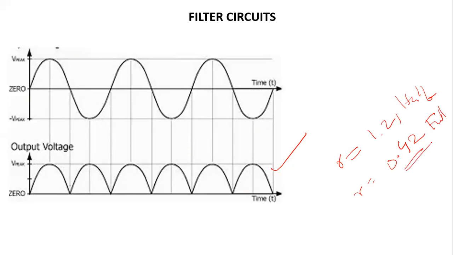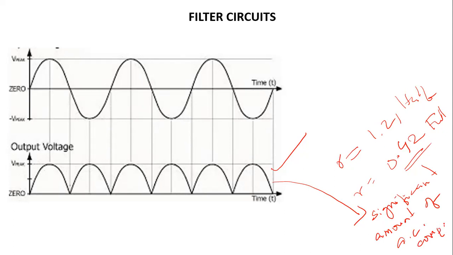So that means in a rectified output we still have a significant amount of alternating current AC component.